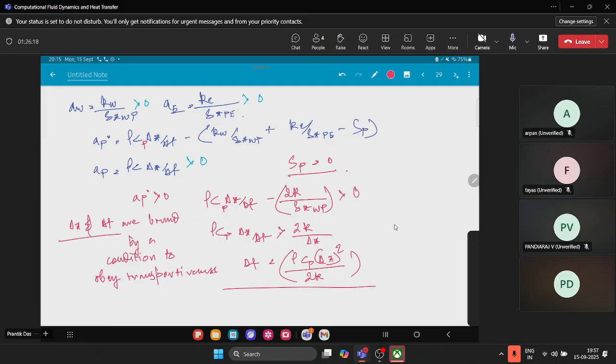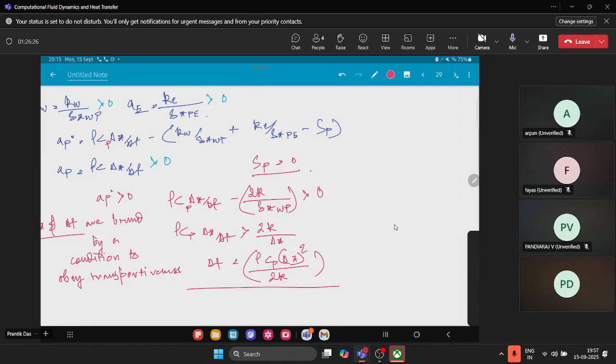And even if SP is there, it changes a bit. If SP is there, then the condition becomes rho Cp delta x by delta T plus of SP is greater than 2k by delta x, and minus of SP is positive. Then you get to the other side of the equation and solve it.